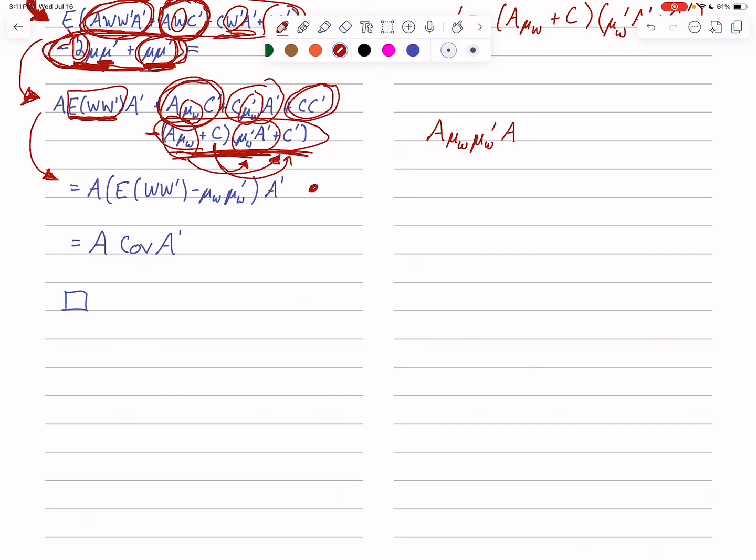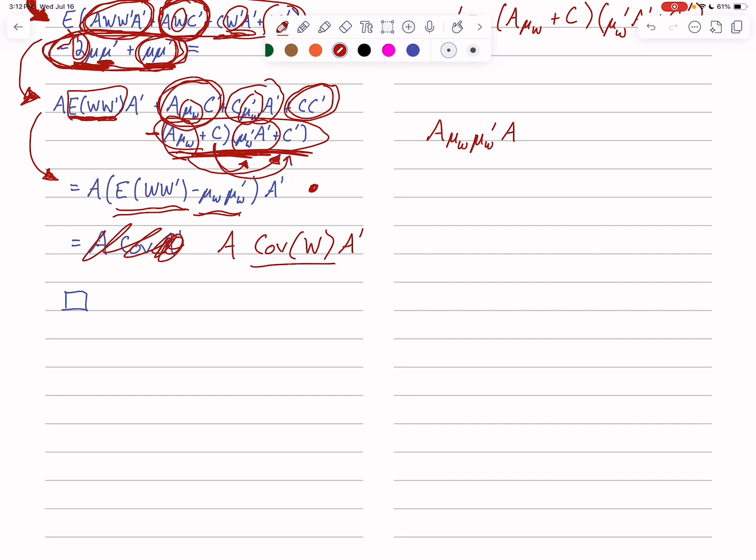Now, if you look at this, oh, and I think I have a typo here, let me just rewrite it entirely: A Cov(W) A prime. So my claim here is that the covariance of W is in fact the same thing as the expected value of WW prime minus mu_W mu_W prime. And this is very familiar.